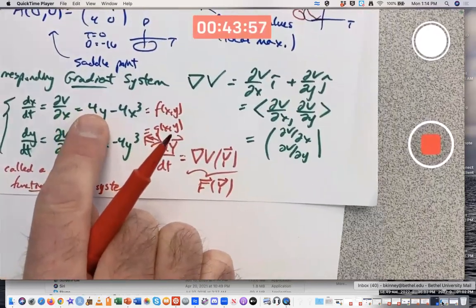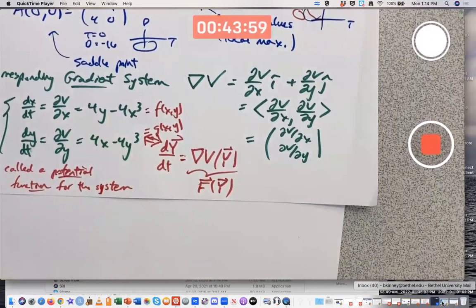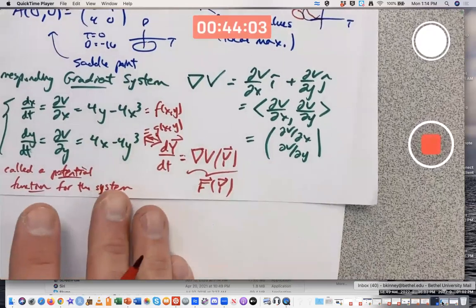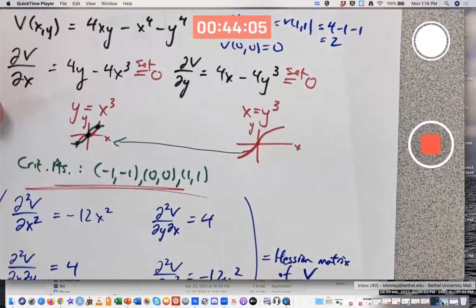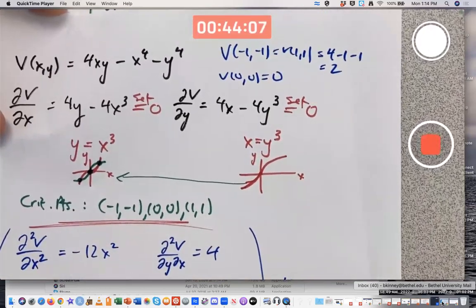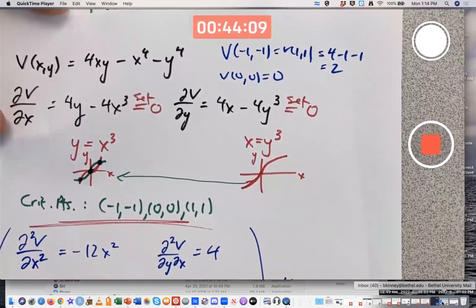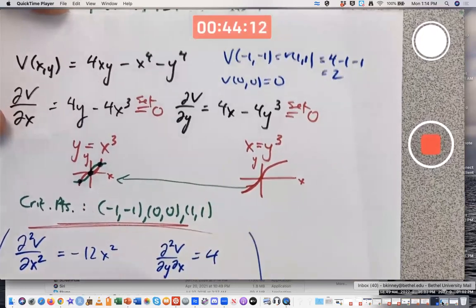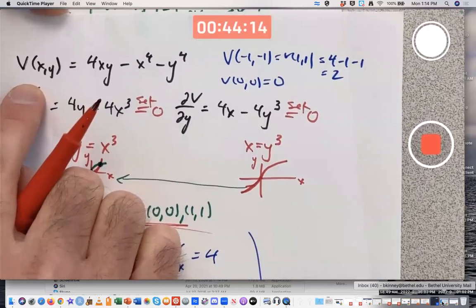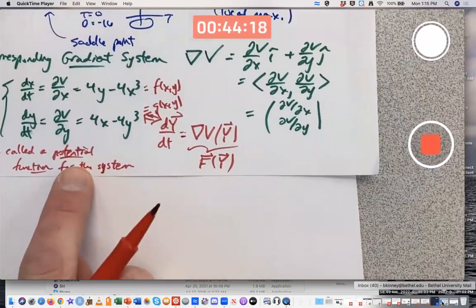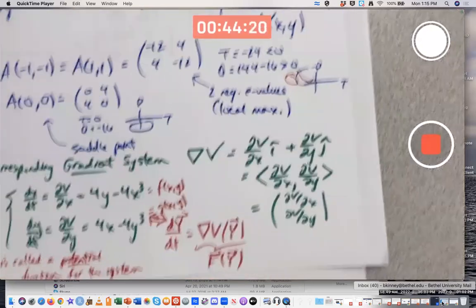It doesn't equal the gradient system, though it's related to it. It's traditional to give V a different name for Hamiltonian systems, to call it H instead of V, in honor of Hamilton. Wait, why do we use a V here when it's a potential function? Shouldn't we use a P? Tradition.